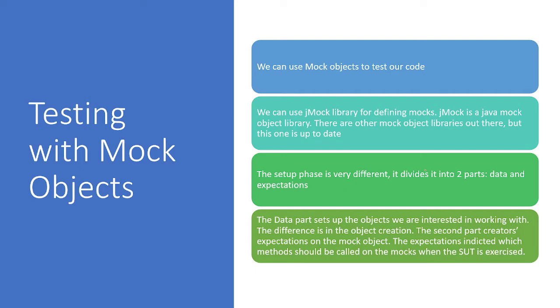The setup phase is very different, divided into two parts: data and expectation. The data part sets up the objects we are interested in working with. The difference is the object creation. The second part creates expectations on the mock object. The expectation indicates which methods should be called on the mocks when the SUT is exercised.